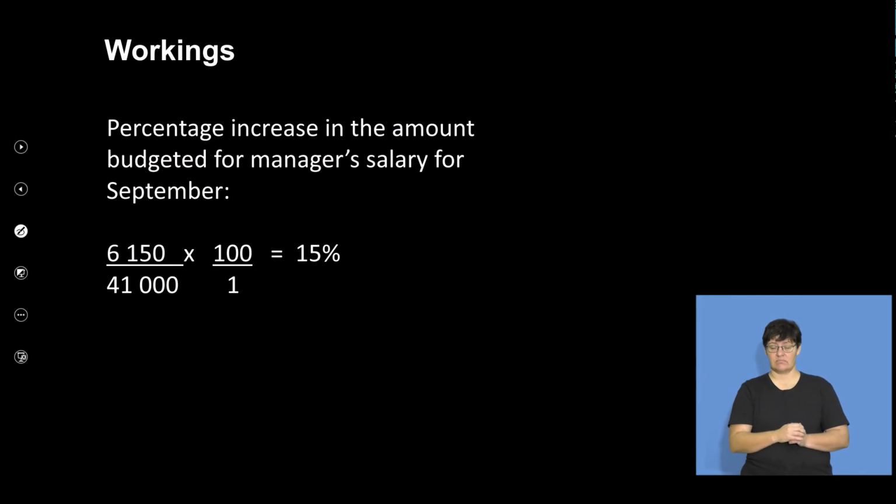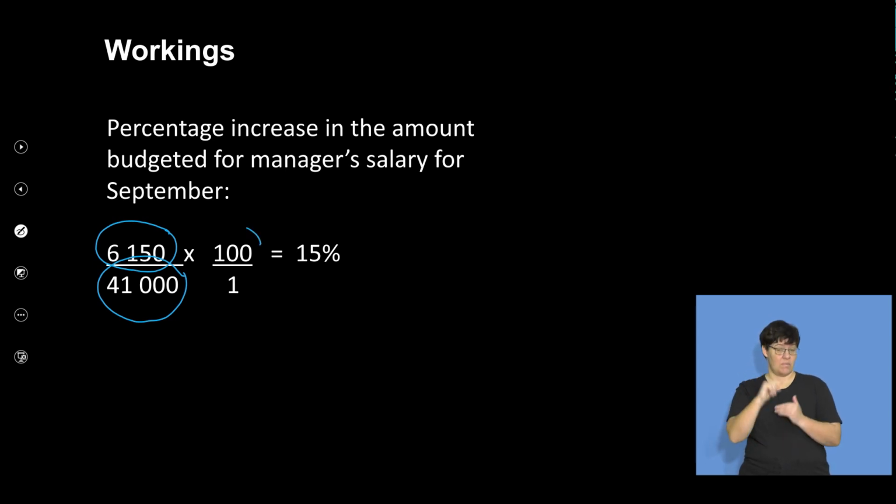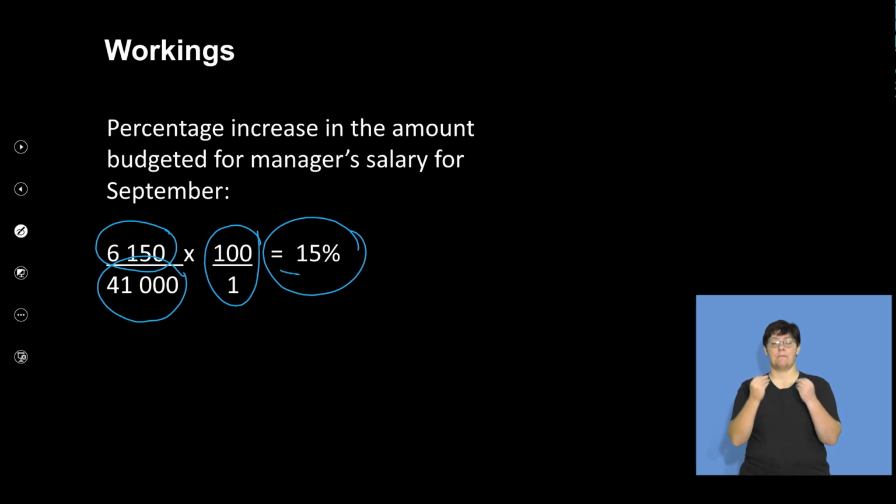Therefore, we take the 6,150 over the 41,000, the previous month, times 100/1. We're expressing it as a percentage, and now you find that the manager's salary has increased by 15%.